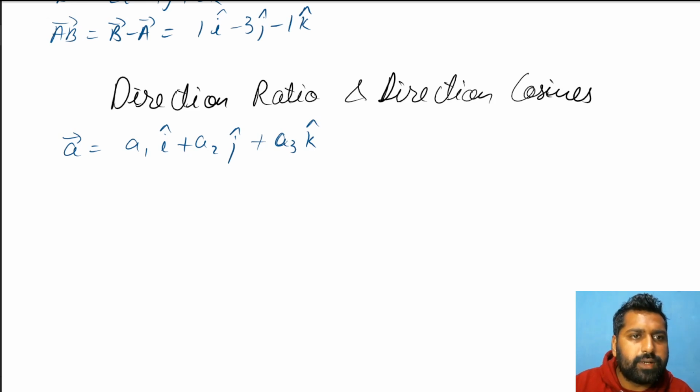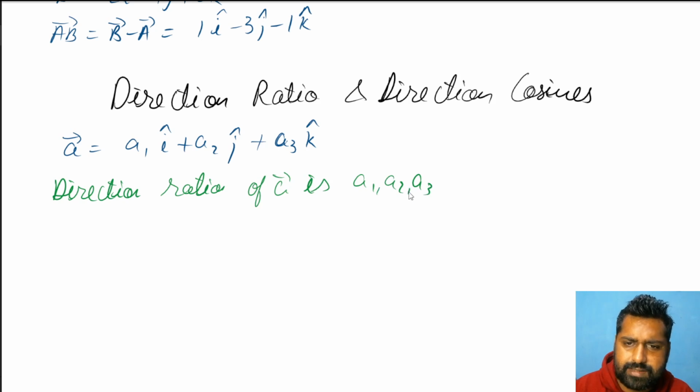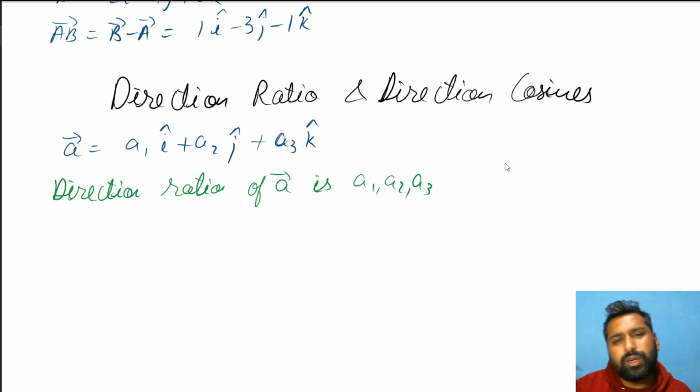Now if I ask you what is the direction ratio of A vector, it is A1, A2, A3. It's as simple as that. Okay, so basically direction ratio means components. The word makes it look very complicated, but it's actually not. So direction ratio of A vector is A1, A2, A3. That's it. Means the i, j, k components, they are called direction ratios.